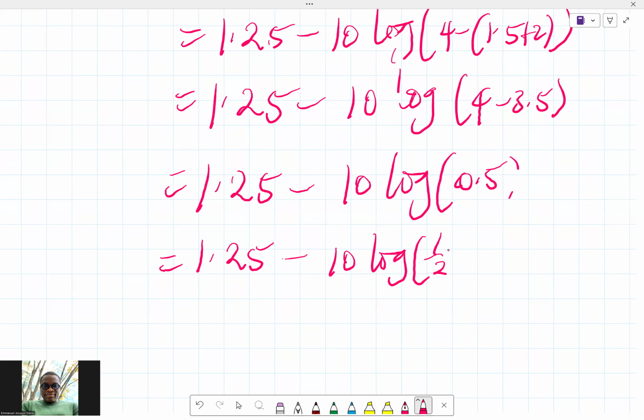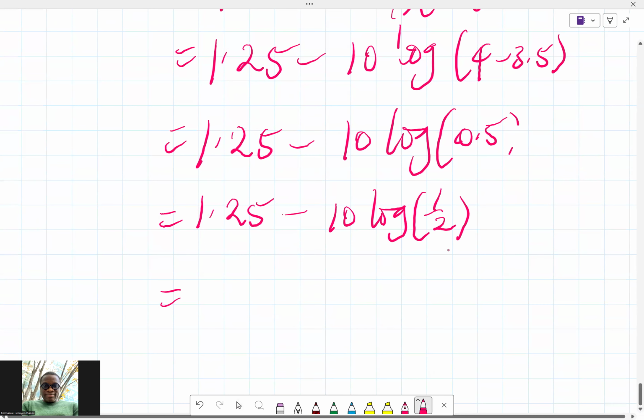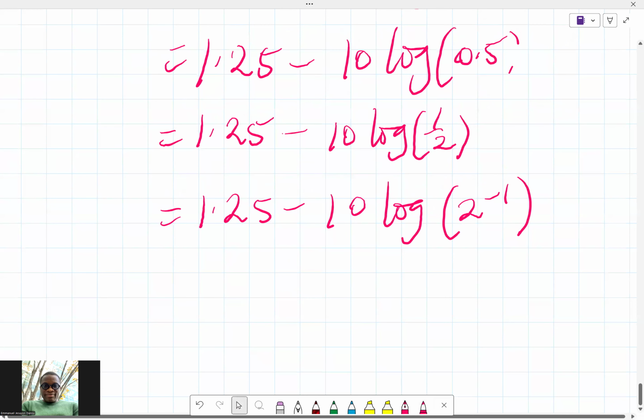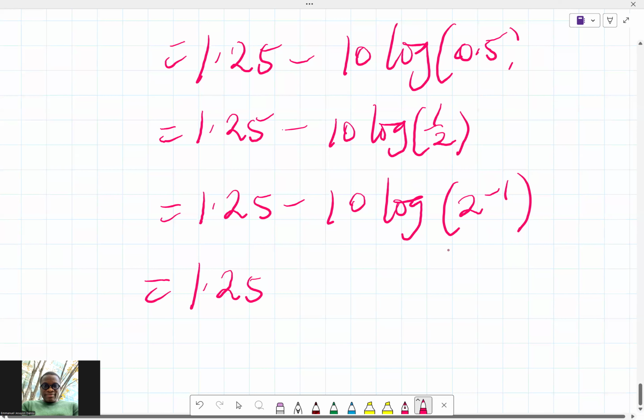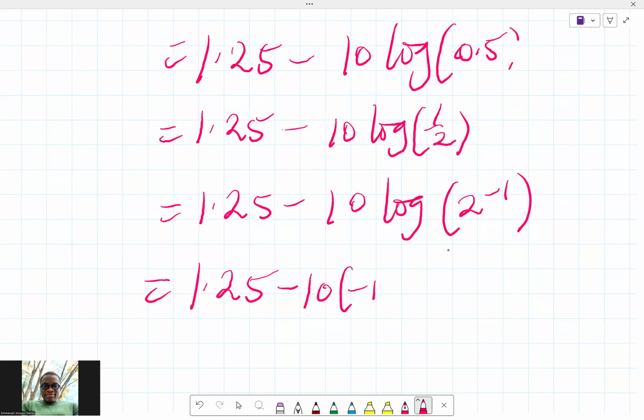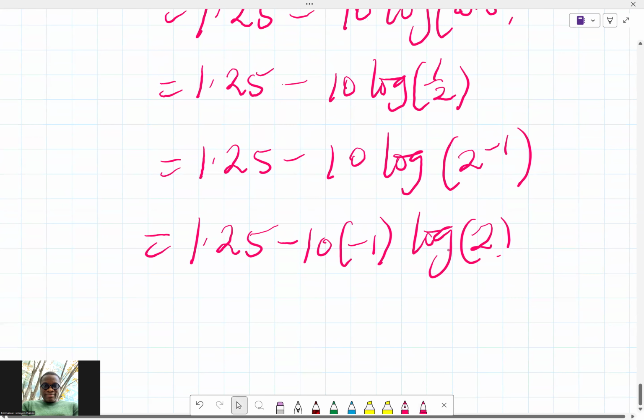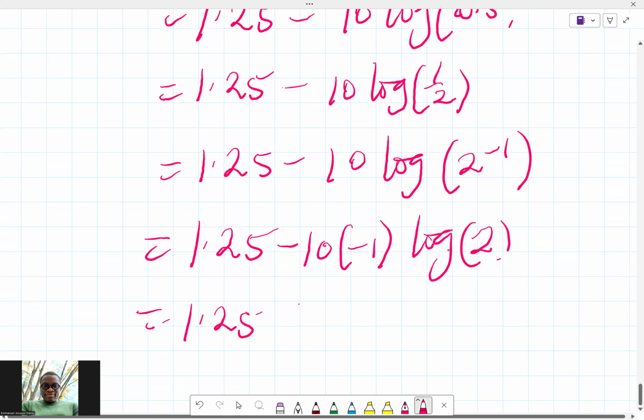Okay, so this is 1.25 minus 10 log 1 over 2, which is the same thing as 2 raised to the power minus 1. And from the law of logarithm, the minus 1 can come back. So we have minus 10 into minus 1 log 2. Okay, so this is 1.25 plus 10 log 2.